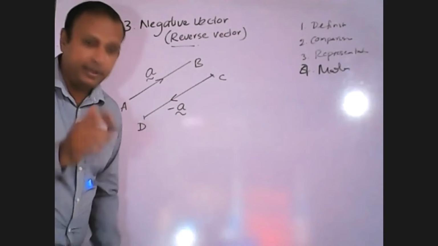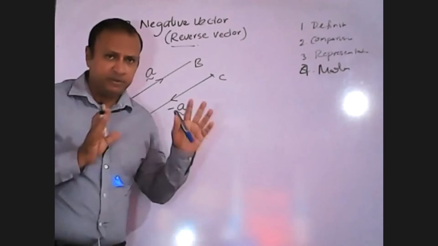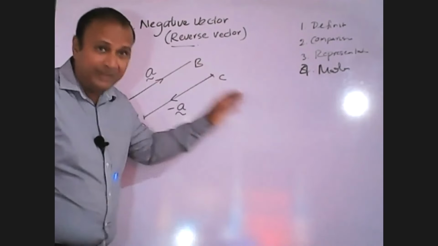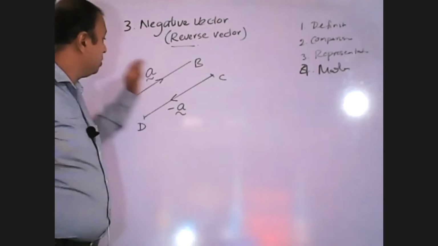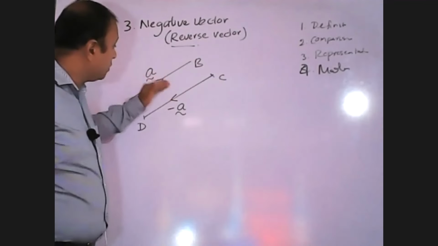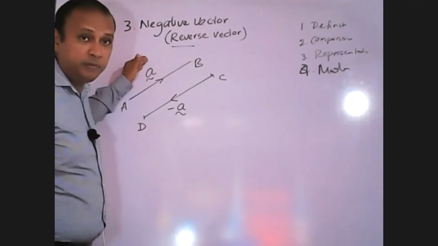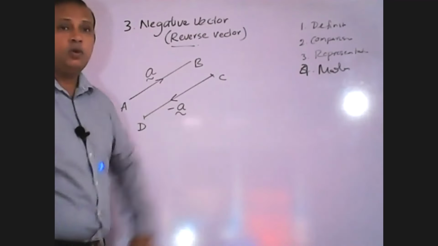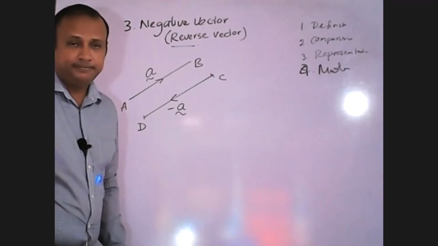Suppose we are given any particular vector. The negative vector of that vector is the vector whose magnitude is equal to the magnitude of the previous vector, but the direction is opposite to the given vector.